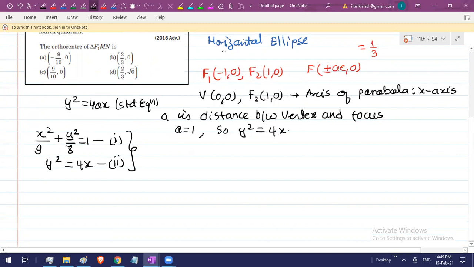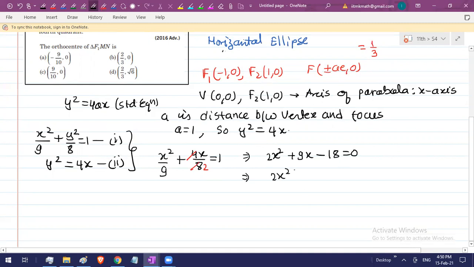Simply replace y square by 4x, so you will get x square by 9 plus 4x by 8 is equal to 1. Then this will cancel out here, this will be 2, so you will get 2x square plus 9x minus 18 is equal to 0.